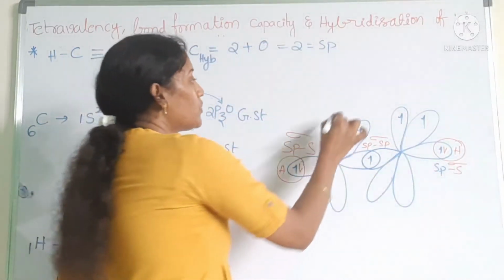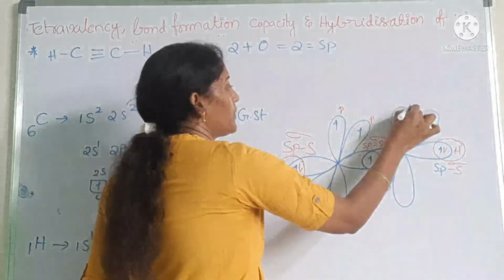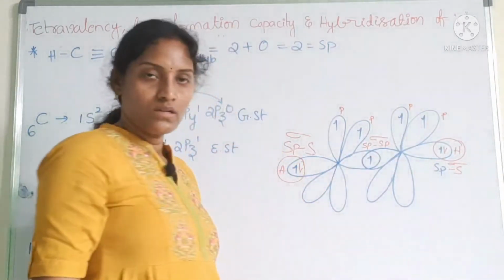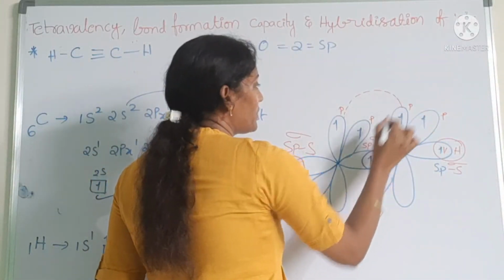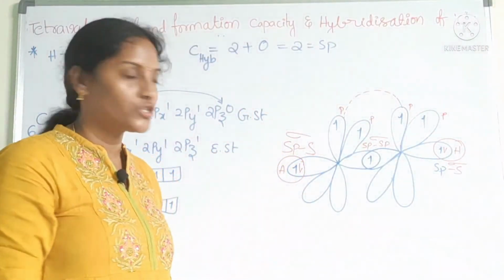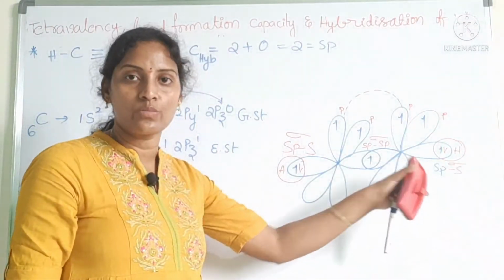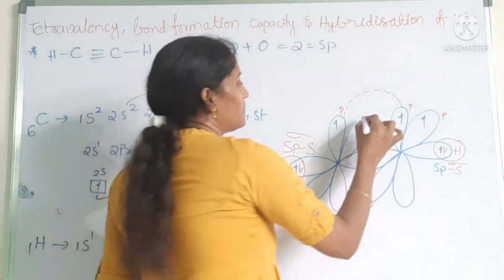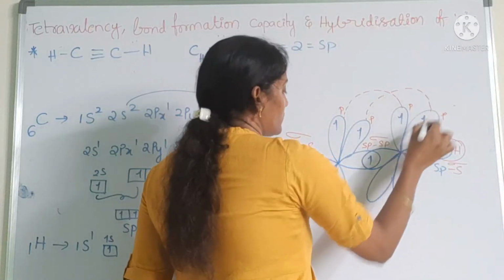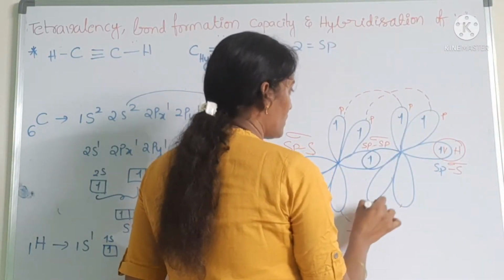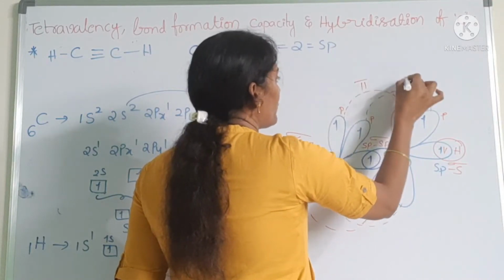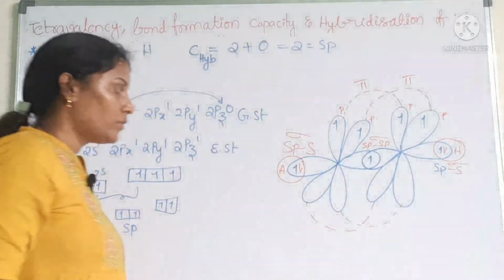See, coming to unhybridized p orbitals. Here, this unhybridized p orbital is going to be involved in bond formation with another unhybridized p orbital in the other carbon, and this is also the same. See, this is one pi bond and this is another pi bond.